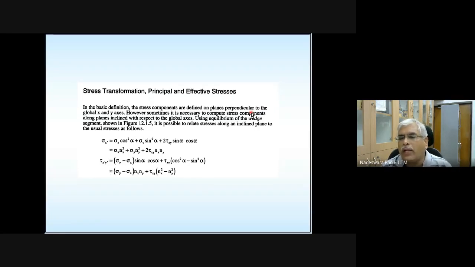So how do I synthesize that? Usually what we do is, instead of talking about the stress components which are dependent on the coordinate system, we are more interested in stress components which are independent of the coordinate system.